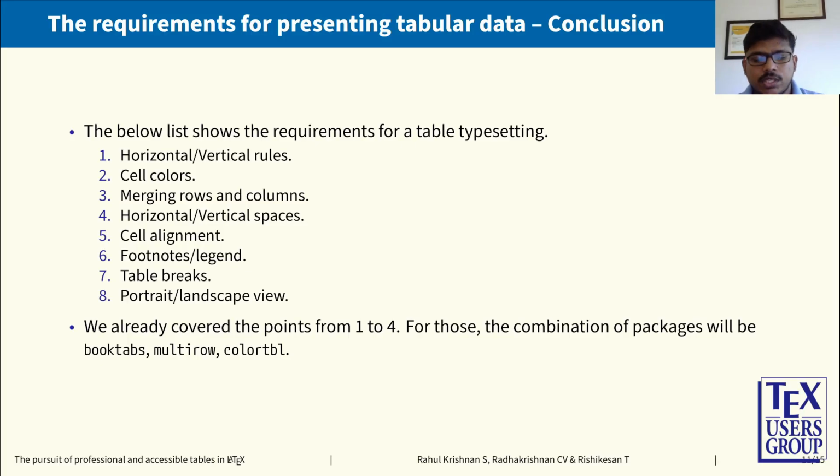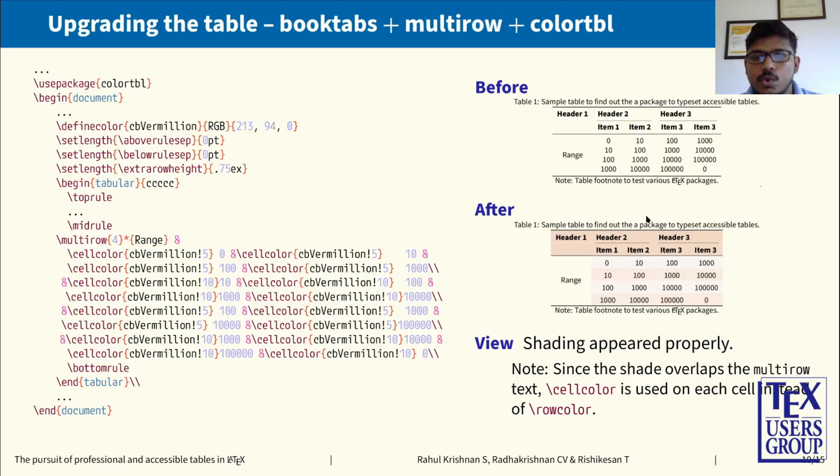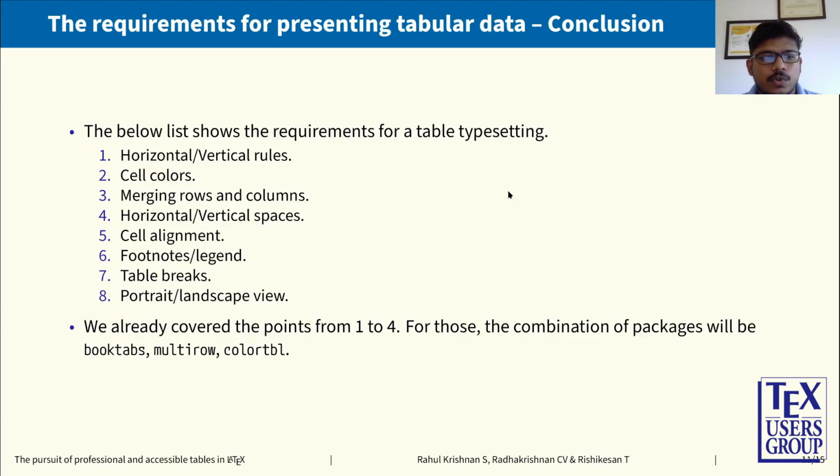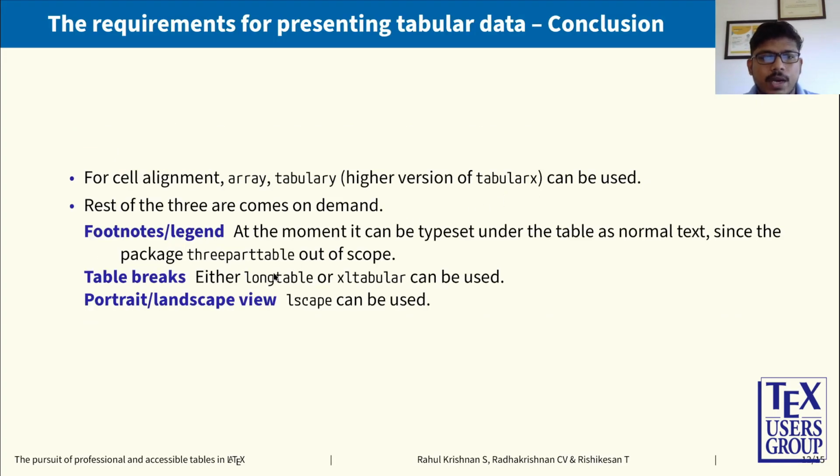As you can see in the previous slides, it is a bit good and aesthetic, and much prettier than the usual table from LaTeX. For cell alignment, we can use the higher version of tabularx and the array packages, and the rest of the three come on demand, like the footnote and legends.